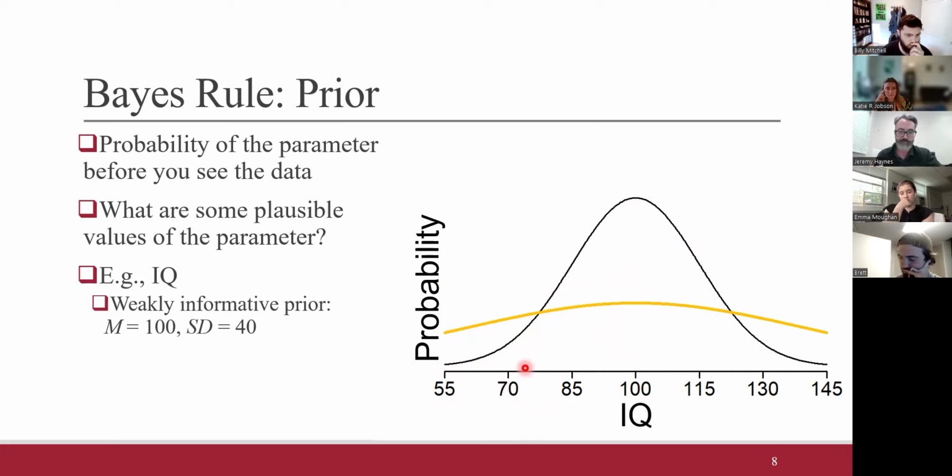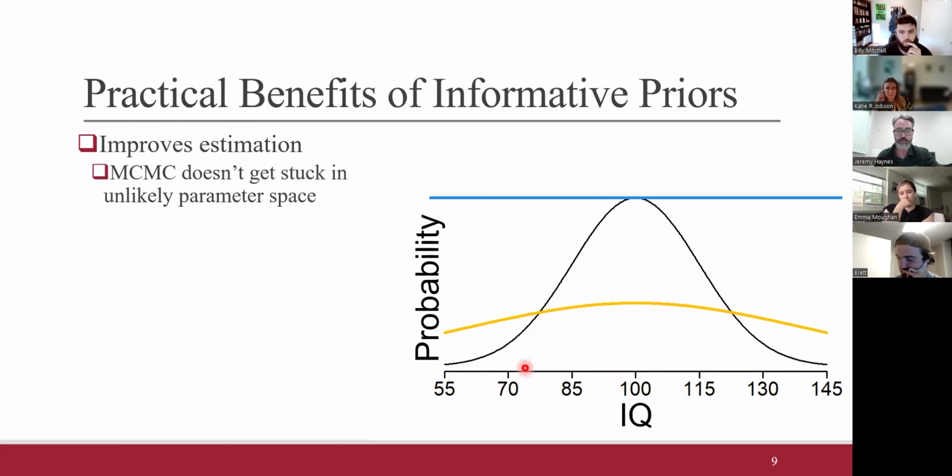And this has very practical benefits. It helps improve our estimation, particularly when we start using MCMC, because the MCMC is going to sample repeatedly from a probability distribution, and our priors can help that sampling so that we don't get stuck somewhere really weird.